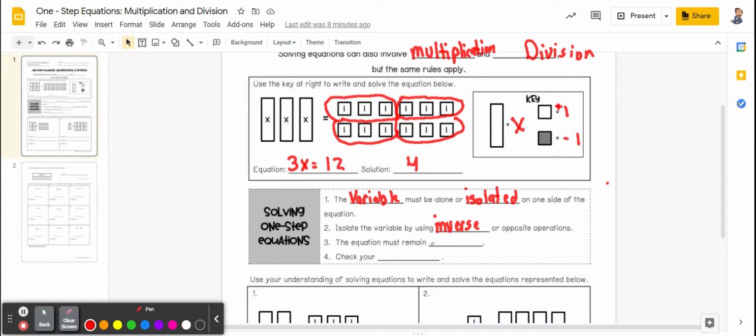The equation must remain balanced. And then finally, check your solution. So with our 3x equals 12, here's how we would do those steps. We know the solution is 4.